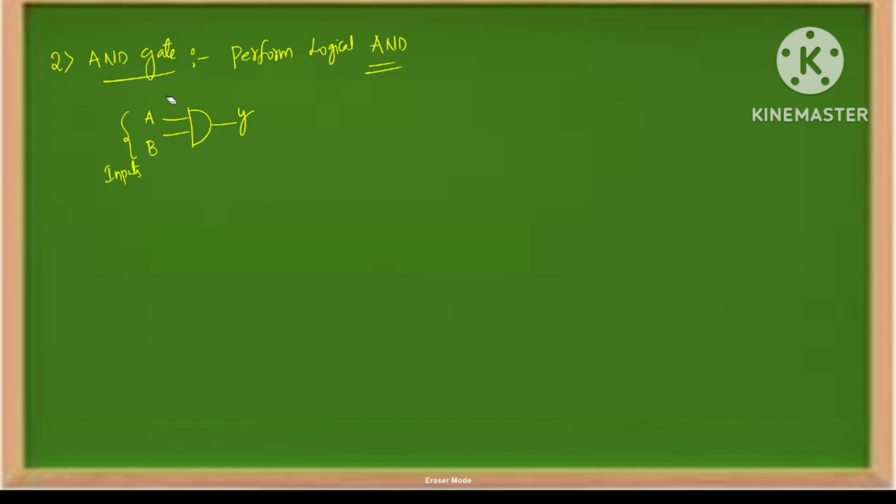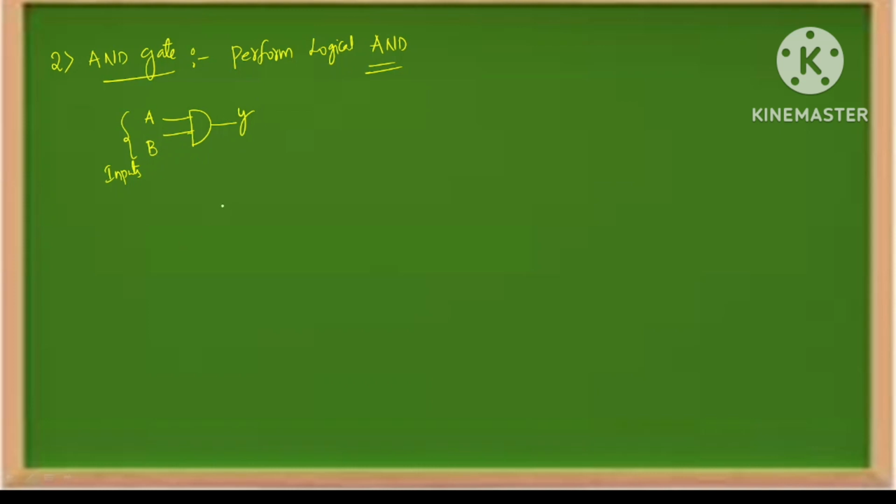So let me erase this small portion. This is the exact symbol used to represent the AND gate. This is the output of the AND gate, and these two are the inputs.